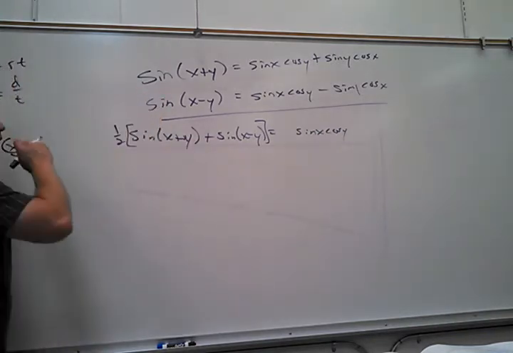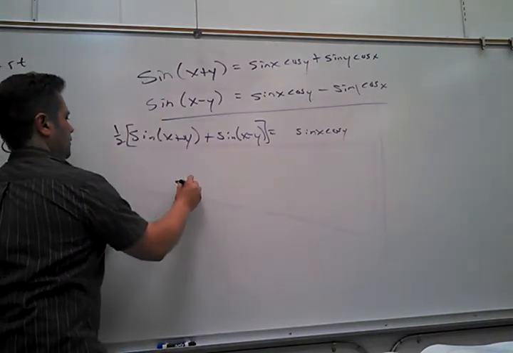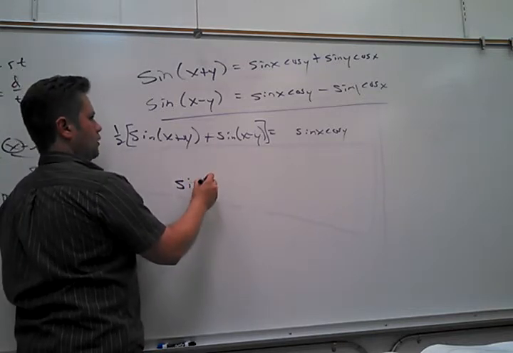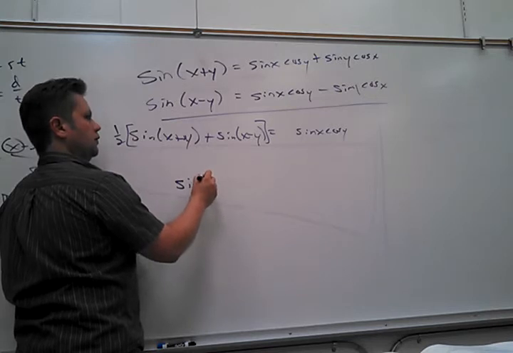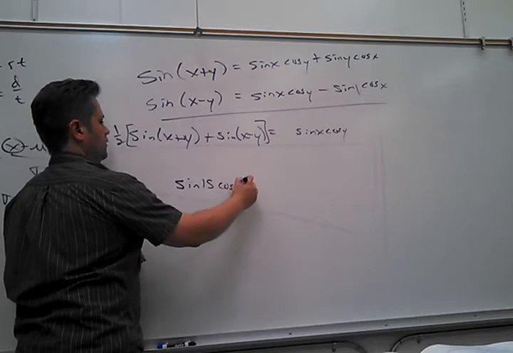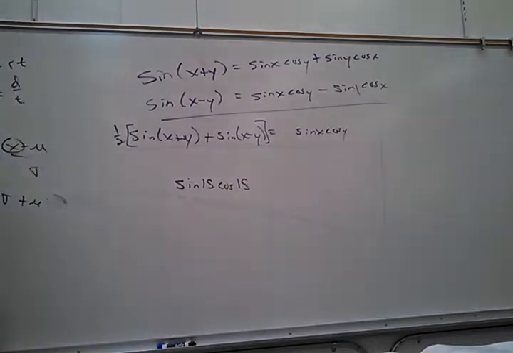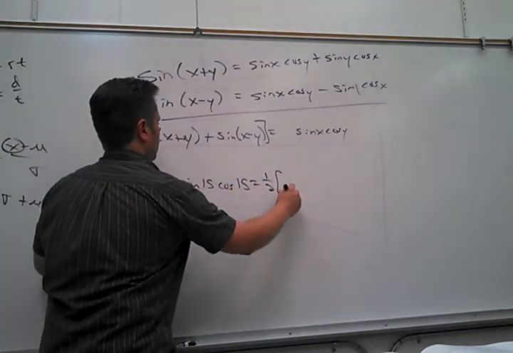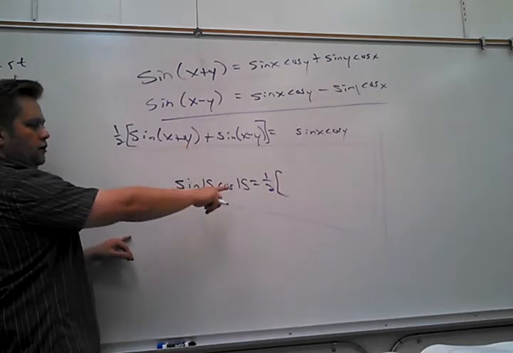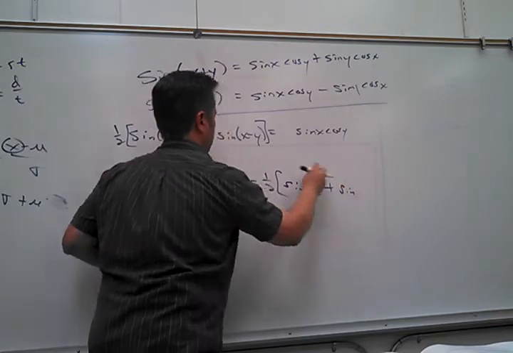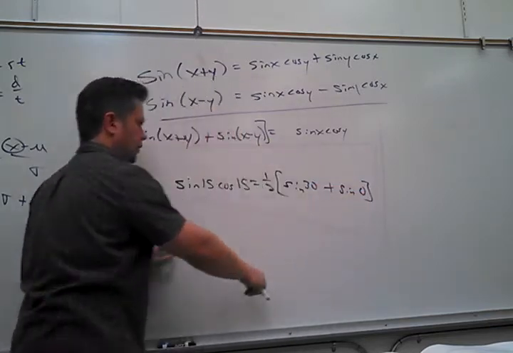So for example, if I had sine of 15, cosine of 15, and I wanted you to do that without using a calculator, this would be 1/2 sine of 30 plus sine of 0. And then I could figure that out.